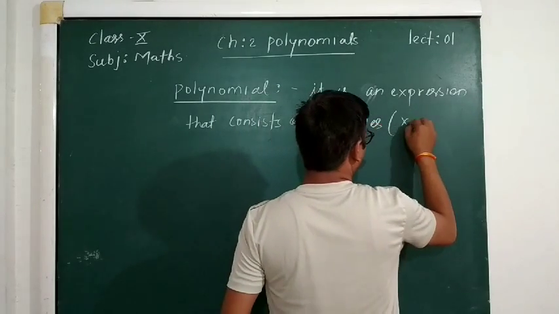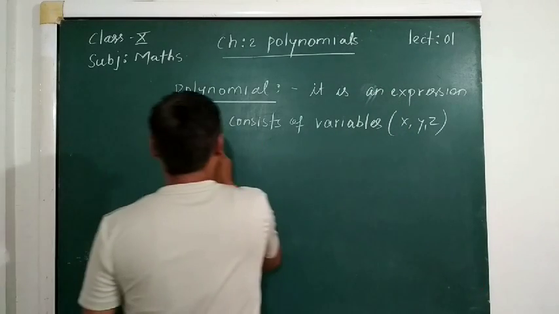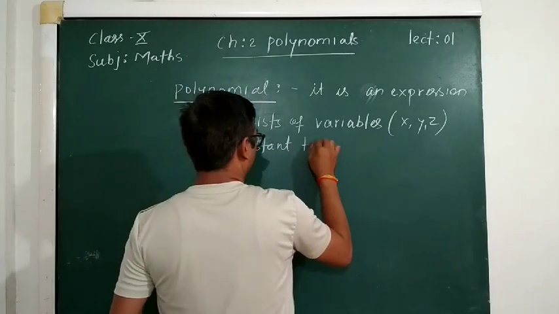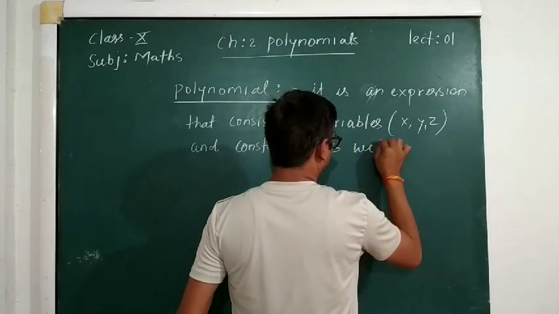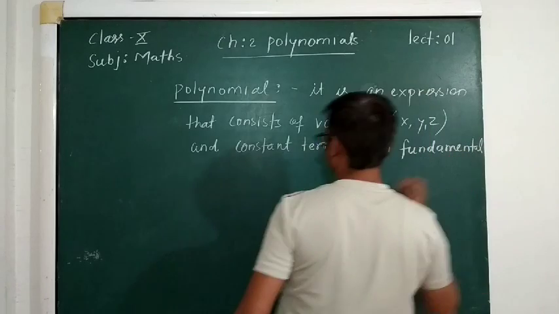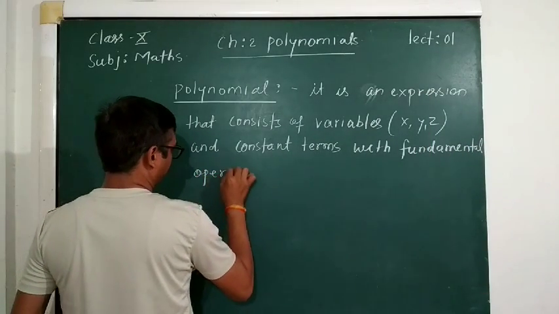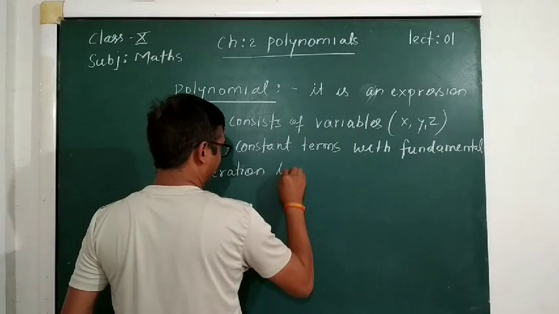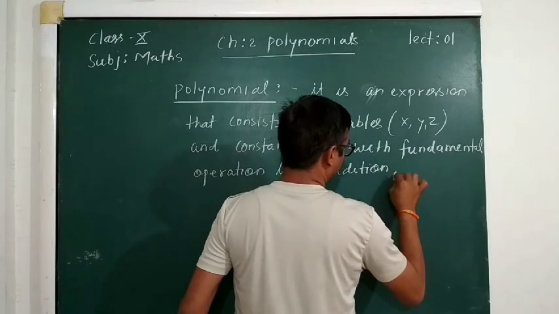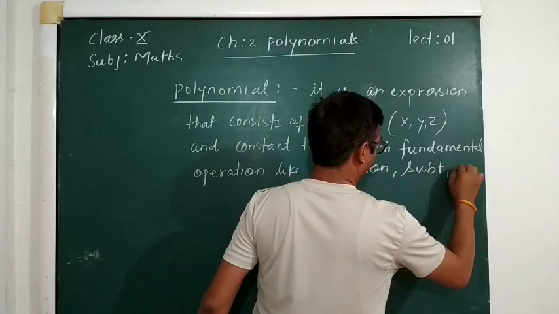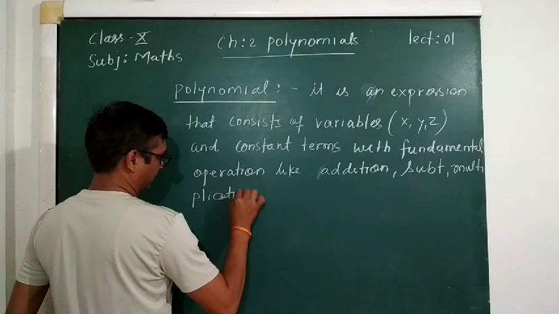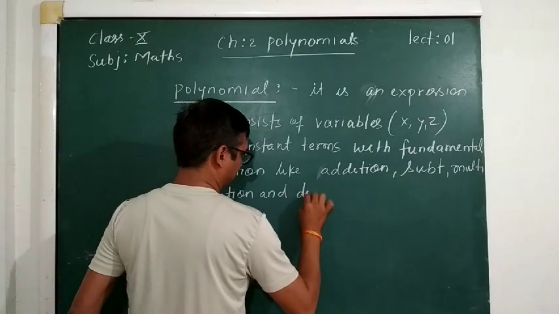Variables means any alphabet terms, x, y, z, whatever it is, and constant terms with fundamental operations like addition, subtraction, multiplication, and division.